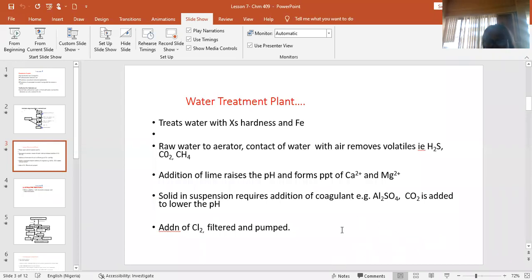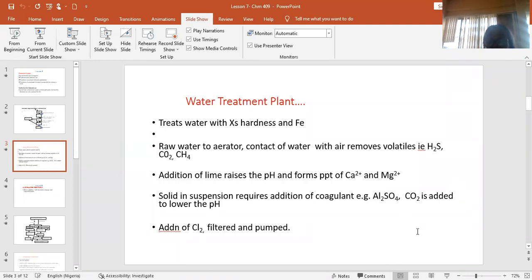We make sure that all the parameters we looked at in water, pH, conductivity, total solids, total dissolved solids, dissolved oxygen, meet the WHO limits.